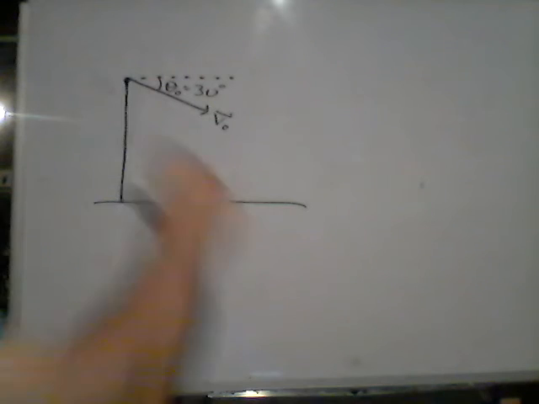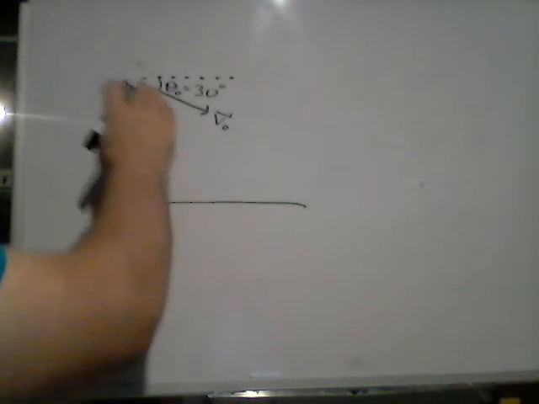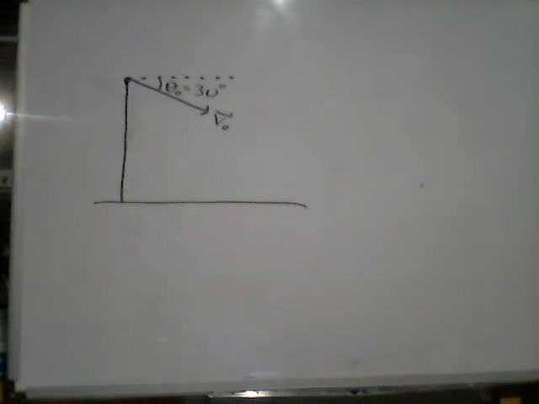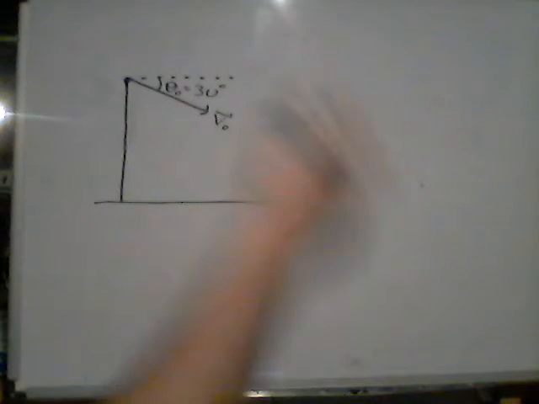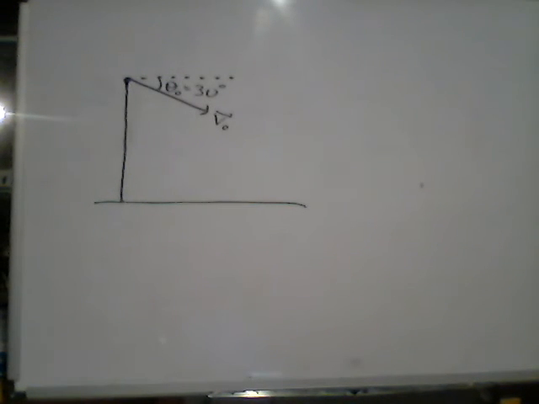Now, at this location, the flare is kind of like the hot air balloon problem that we did in Chapter 2. The flare will have the same velocity as the airplane when it is first released. So this v naught is, now who knows what the airplane's going to do after this? But when the flare is released, it's going to have the same initial velocity vector as the airplane. And then it'll become a free fall particle, kind of like the coin thrown out of the hot air balloon last time.